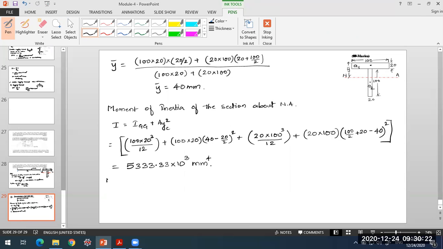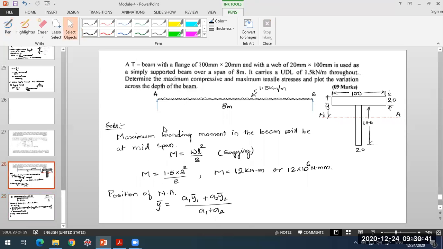Now bending stress, or actually we are finding the maximum bending stress. First, what you are asked is to determine the maximum compressive and maximum tensile bending stress.